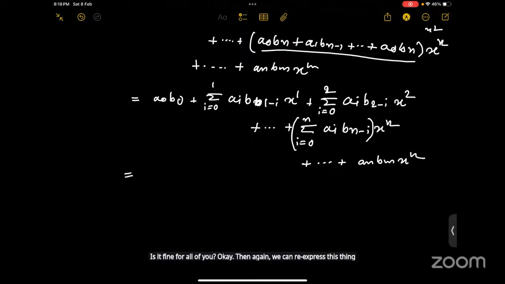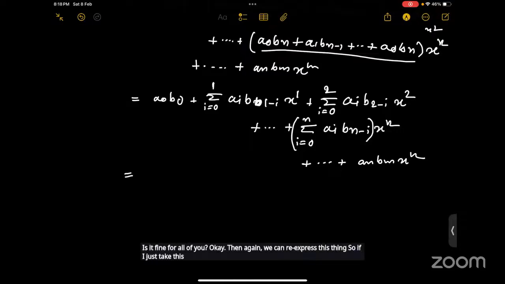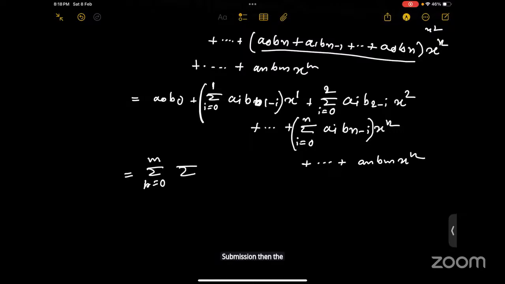Then again we can re-express this. If I take a general r, we can express it as the summation over r from 0 to m, and the coefficients we will take as the summation over i from 0 to r of ai b(r minus i) x to the power r.